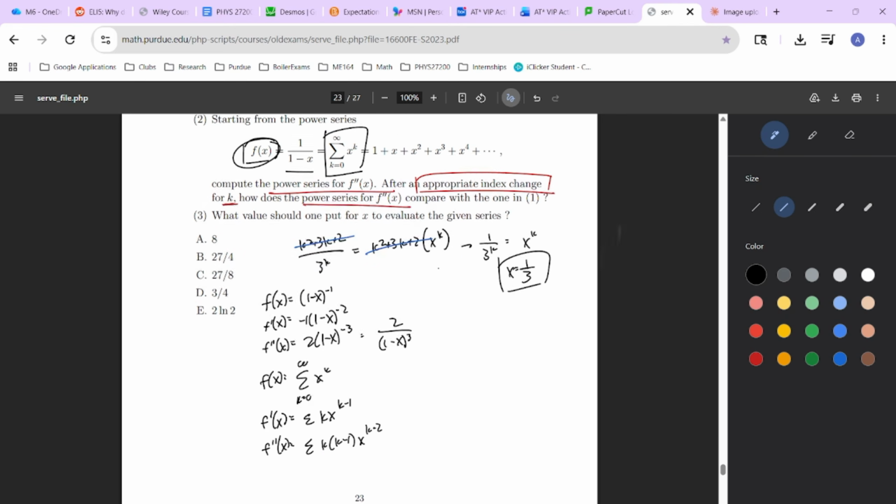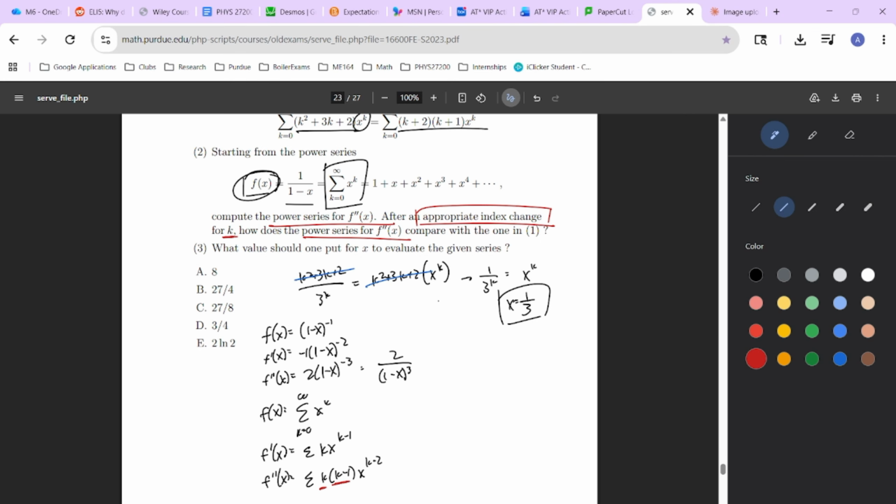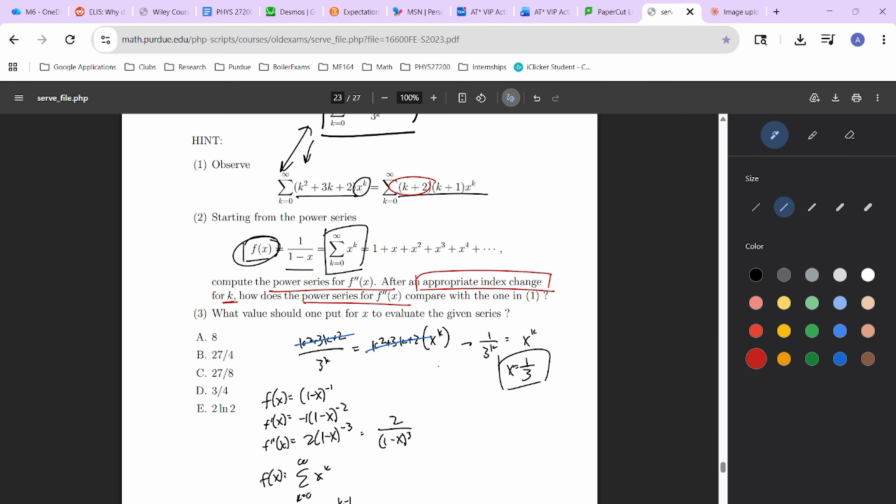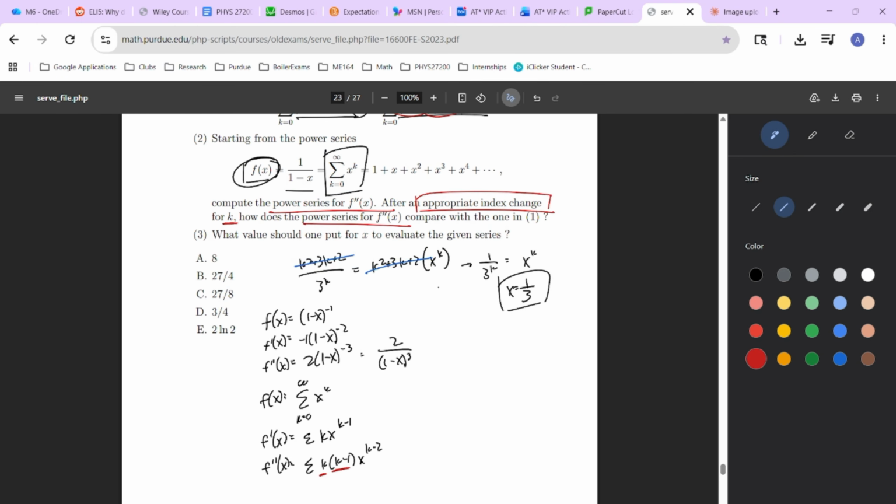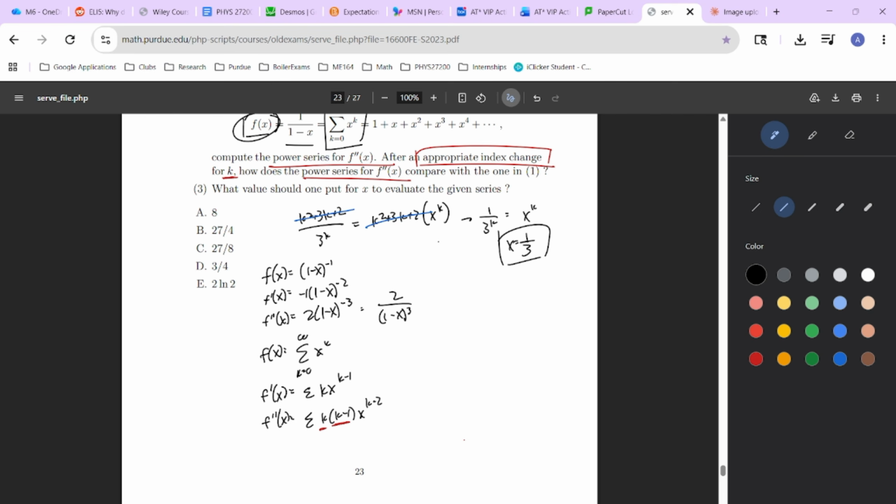Now notice something here. This term is k. That term is 1 less than k. This term can be represented as j, and this term is represented as 1 less than j. So these terms can be considered equivalent. Actually, they might be exactly equivalent. Let's see here. We have k represented as k, but then we have the alternative series represented as the sum of everything from j multiplied by j minus 1, where j is equal to k plus 2.